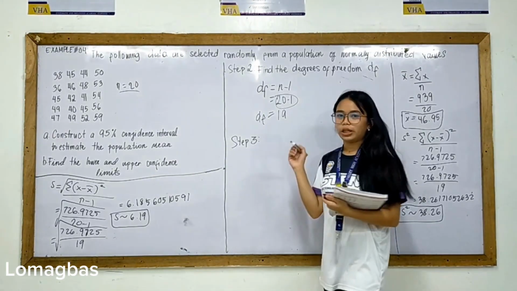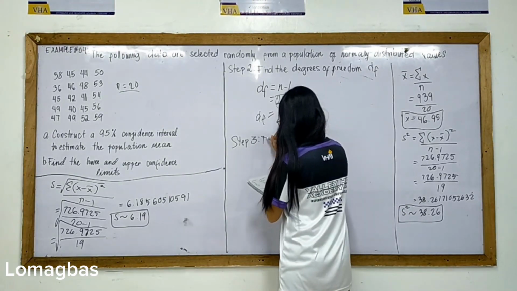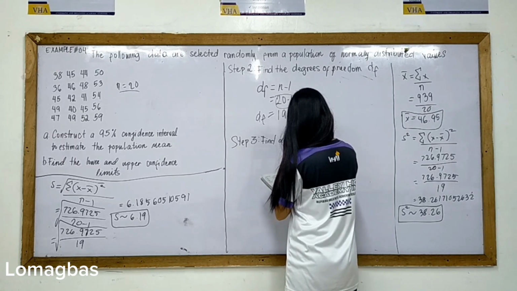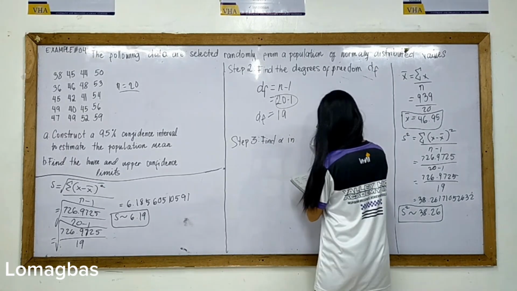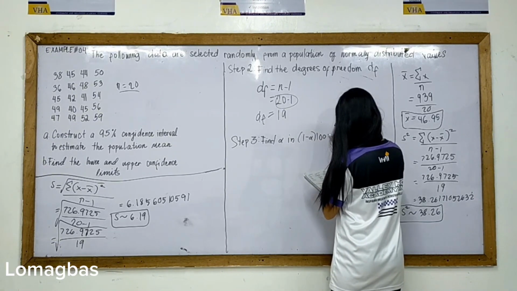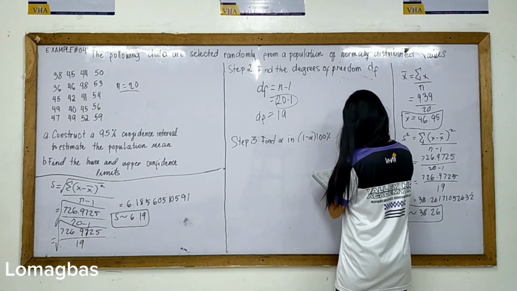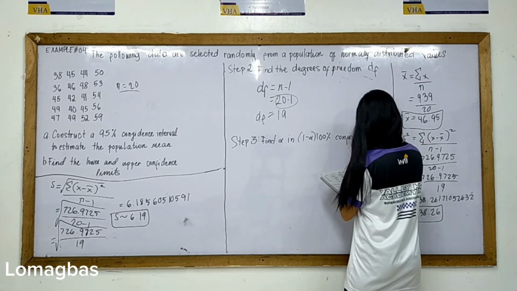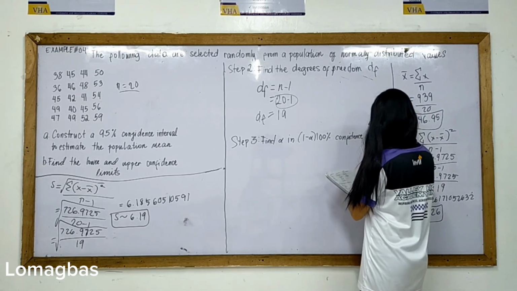So our step 3 is find alpha in the 95% confidence level.